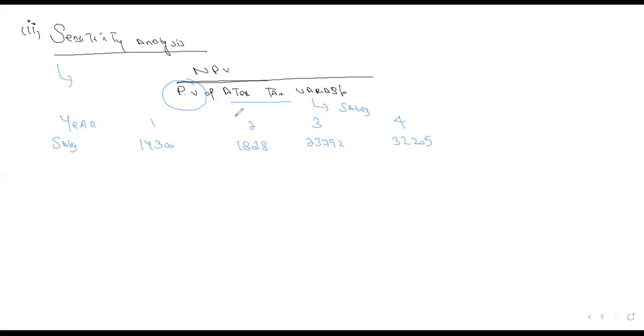First of all, what is the rate of taxation? 25%. So let's apply the 25% tax. The tax amounts are 3575, then 4504, then 5948, then 8051.